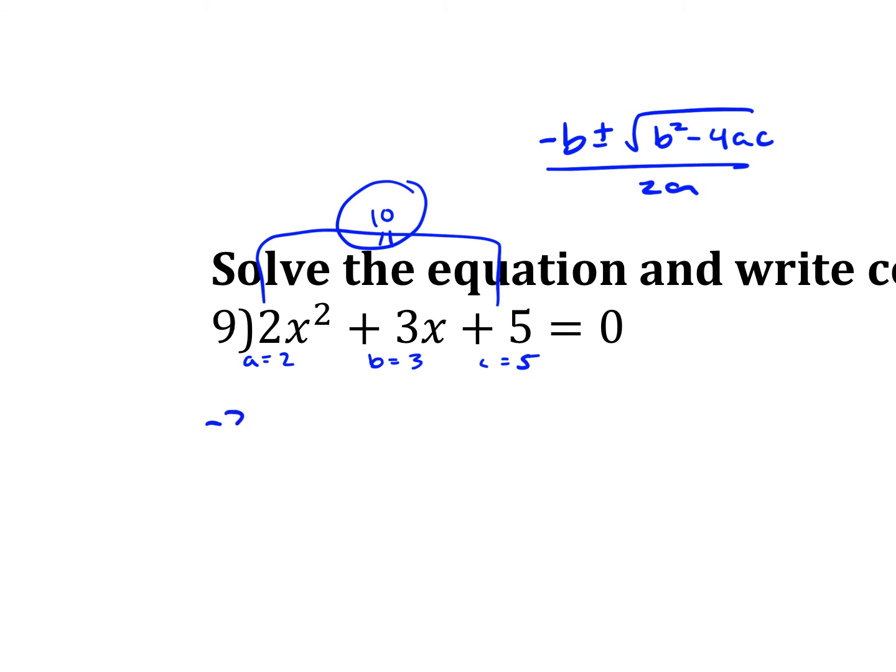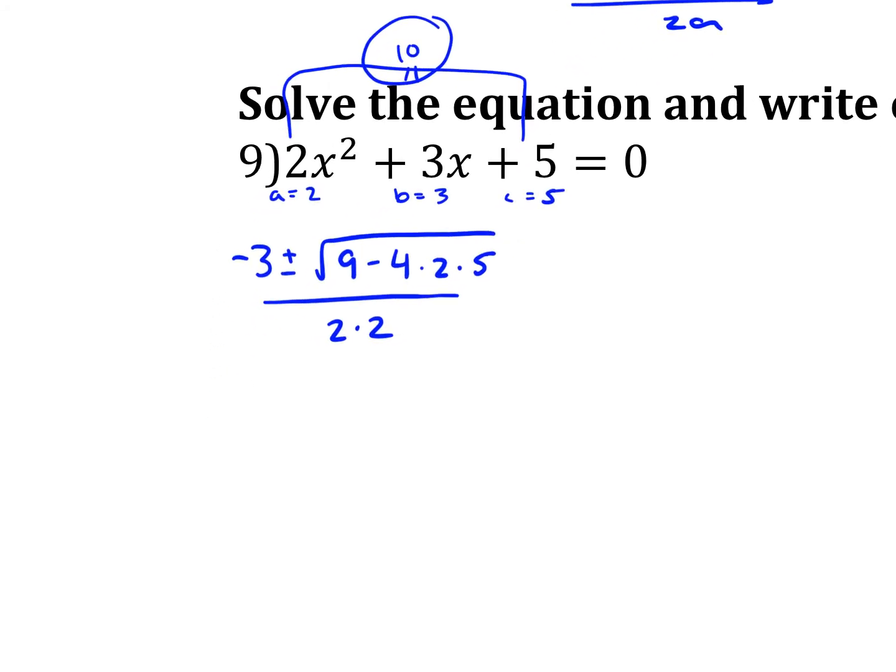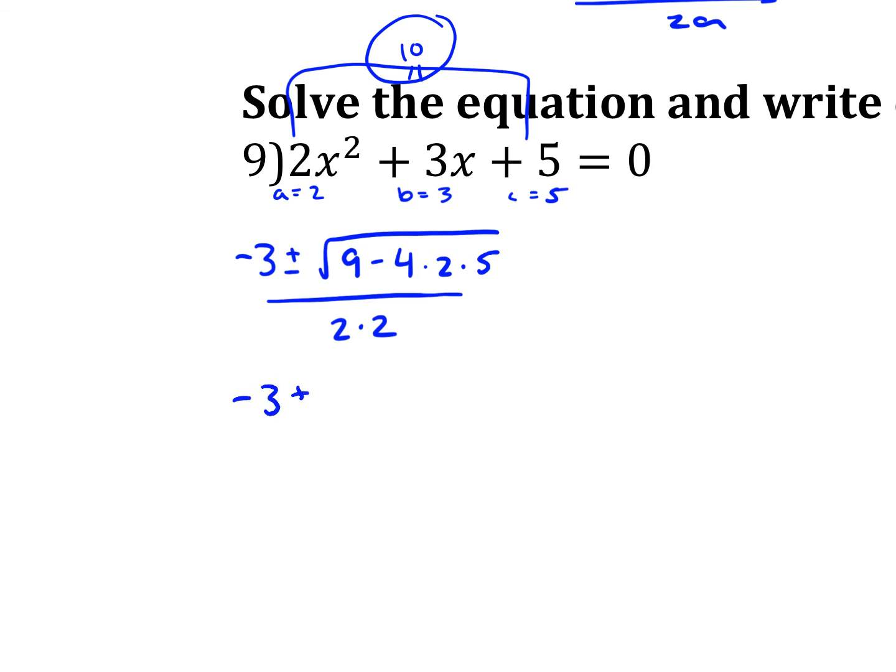So I have negative 3 plus or minus the square root of 9 minus 4 times 2 times 5 over 2 times 2. What's 4 times 2 times 5? 40. And 9 minus 40? Negative 31 over 4.